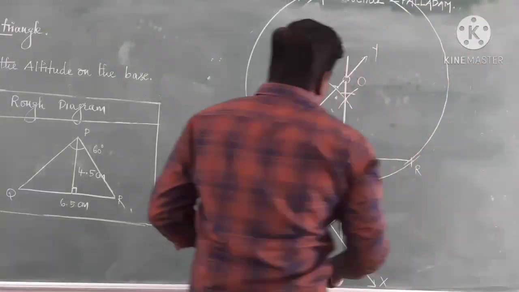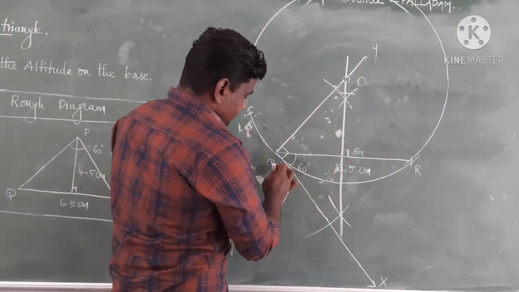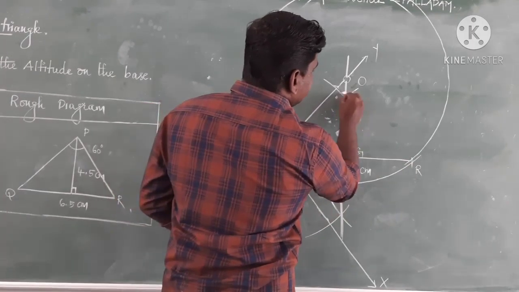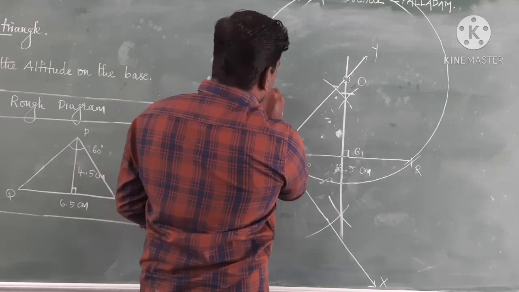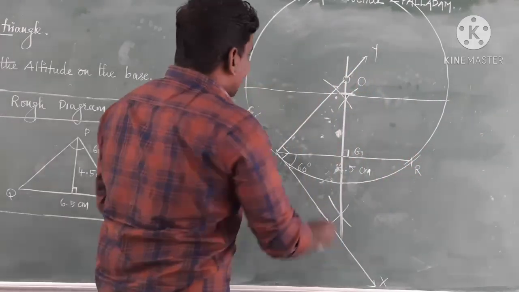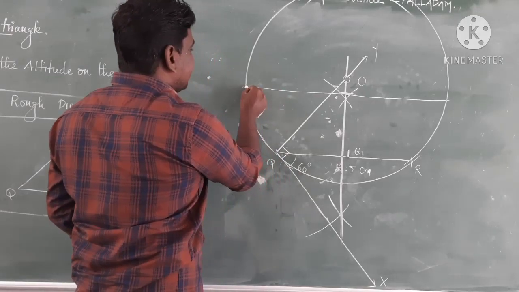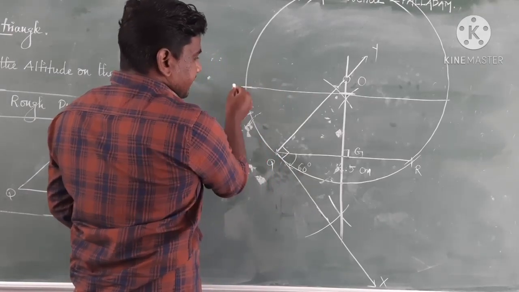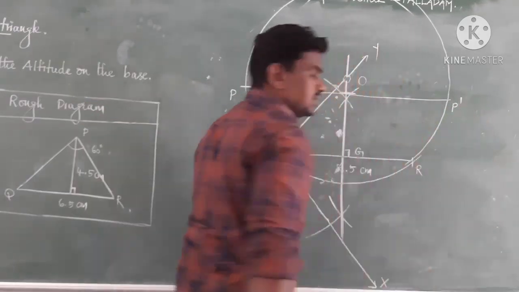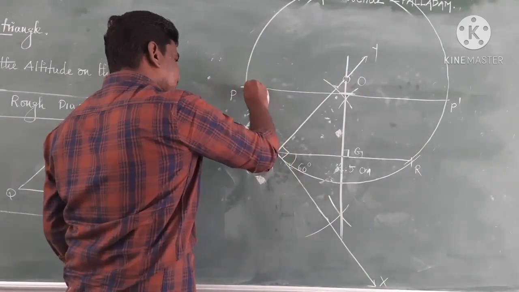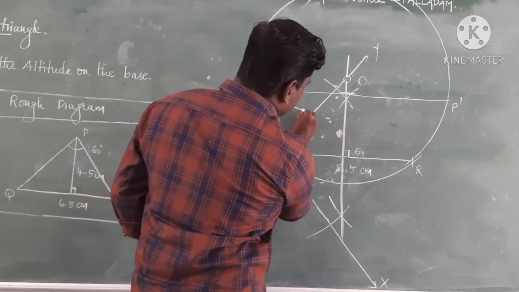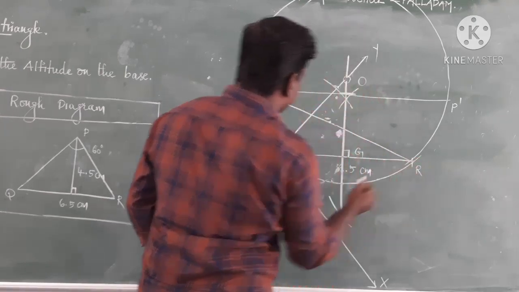Now I am going to draw a line parallel to QR, passing through this point. Like this. The parallel line intersects the circle at a point. This one is called P and this point is P dash. Join PQ and PR.